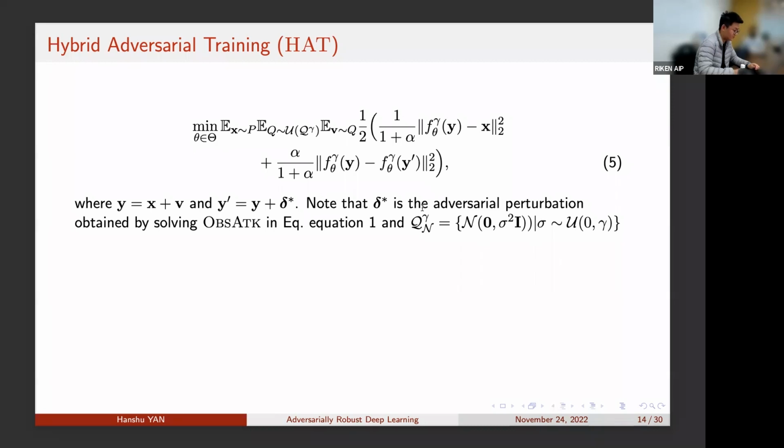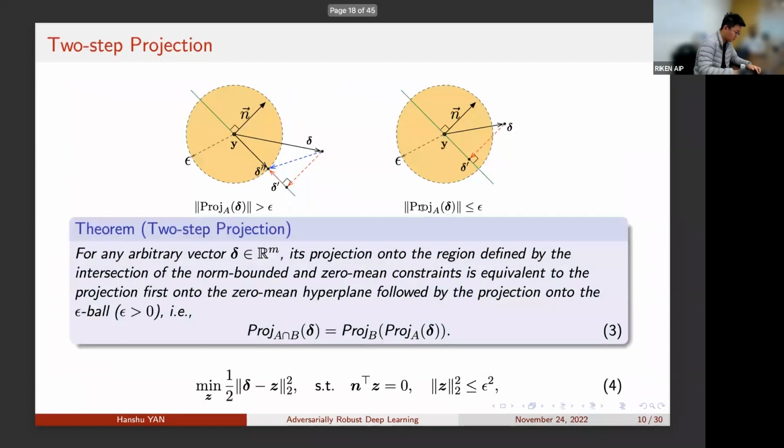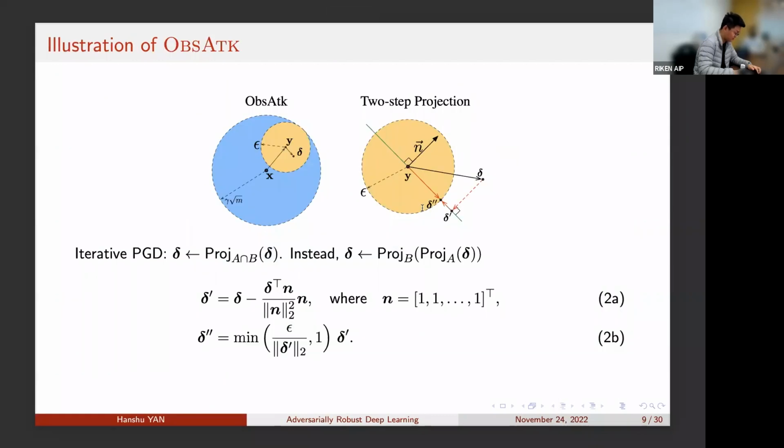Okay. Another question about the perturbation. It seems you have two constraints, like zero mean and L2 norm. Is this equivalent to a Gaussian distribution? Because the Gaussian distribution seems similar to zero mean, and the L2 norm is some kind of variance. I think the Gaussian distribution is one sub-distribution of the distribution defined by these two constraints.